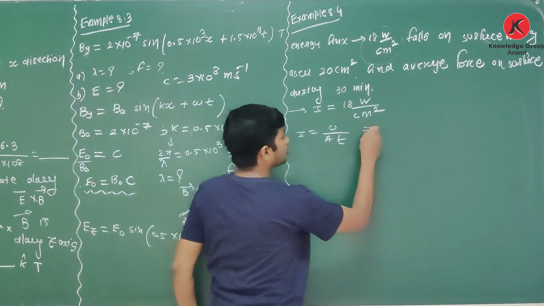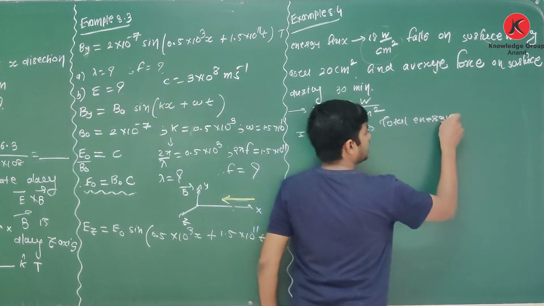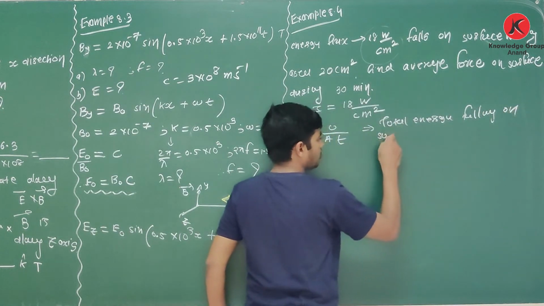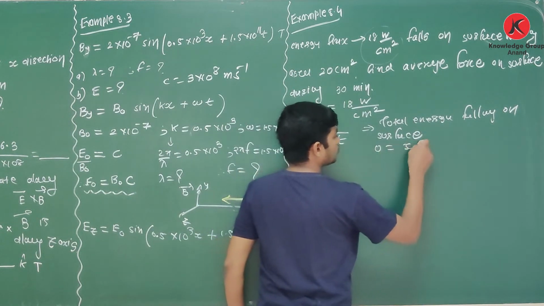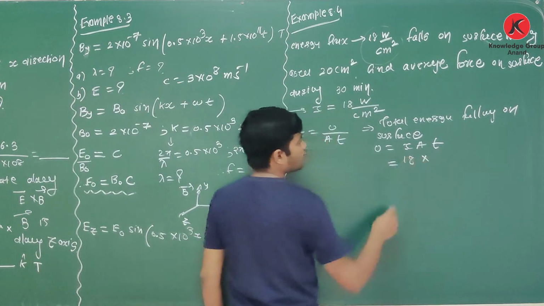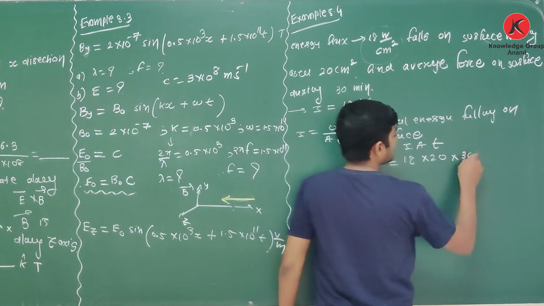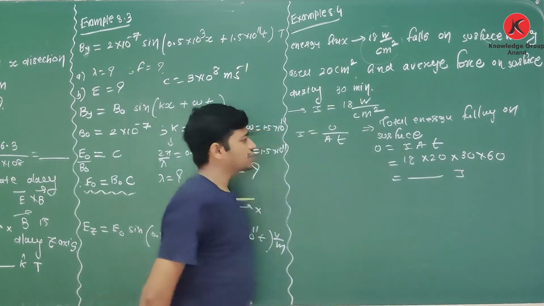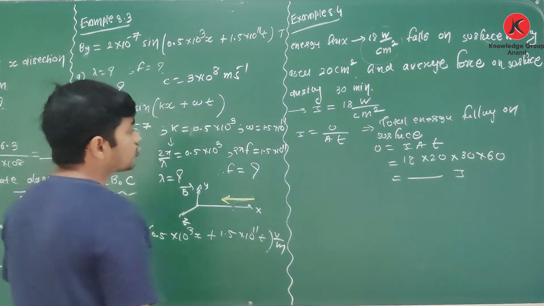Then how to find the total energy falling on the surface? U = IAt. I is 18 watt per centimeter square, A is 20, t is 30 minutes, that is 30 × 60. So your answer will be in joules only. Clear about this? So it is the total energy.